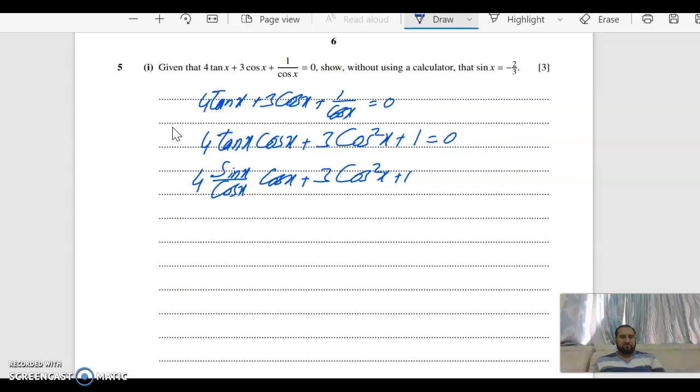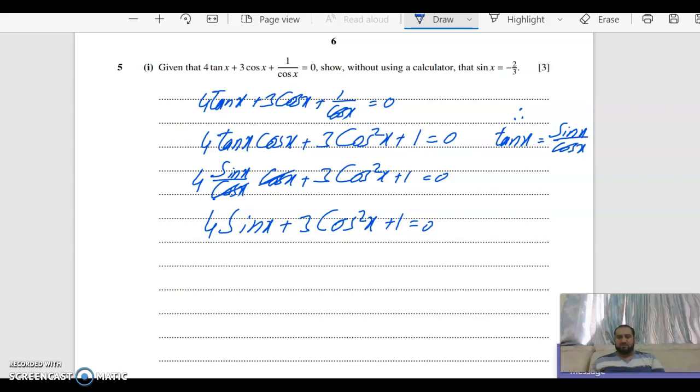So cos and cos are going to cancel out, and we will get 4 sine x plus 3 cos square x plus 1 is equal to 0. Here we used tan x is equal to sine x over cos x.